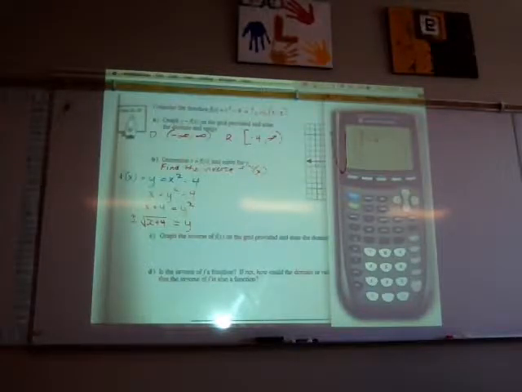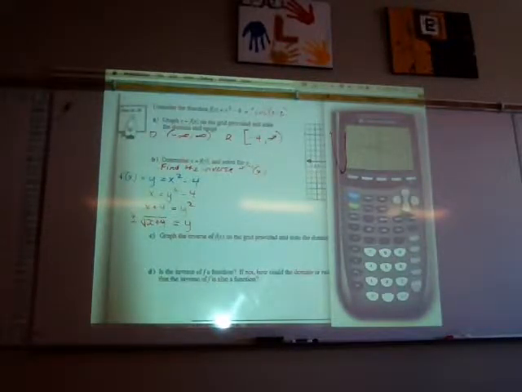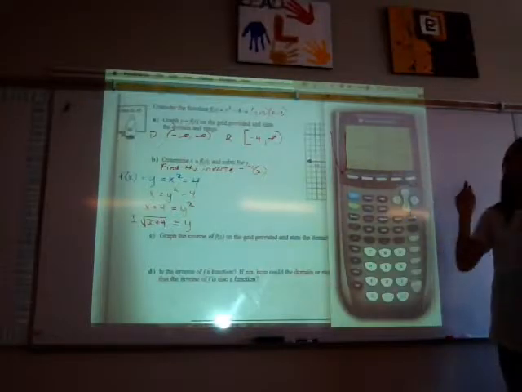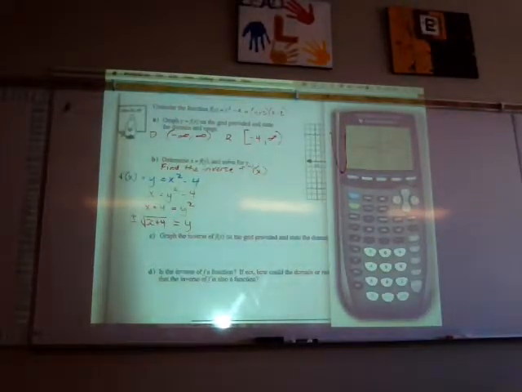Don't forget to use the negative sign, not the subtraction sign, in front of the square root. So it's reflected in our mirror line, y equals x, and now we have a sideways parabola.